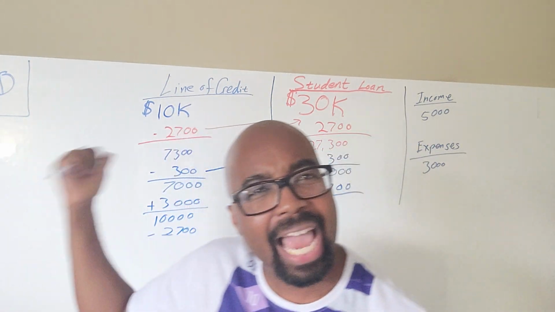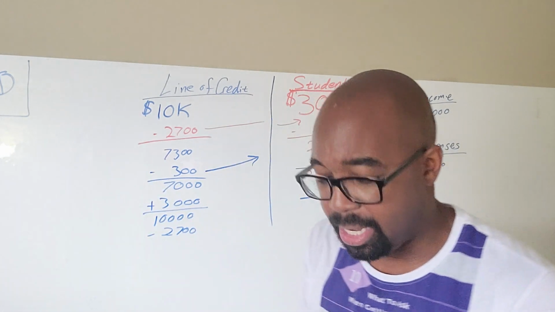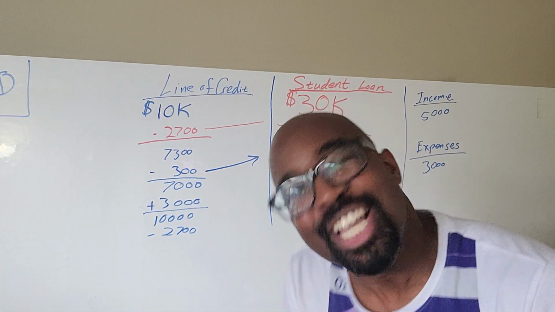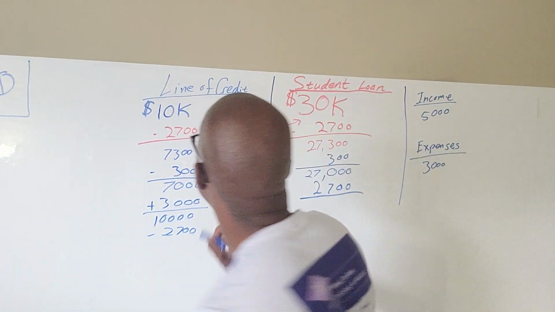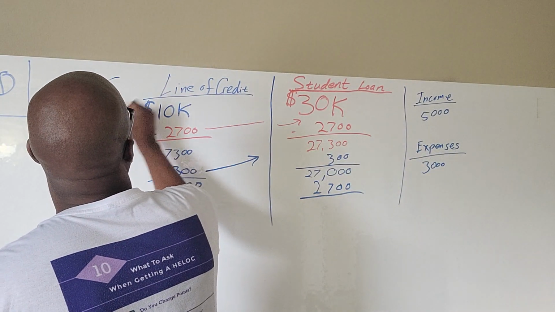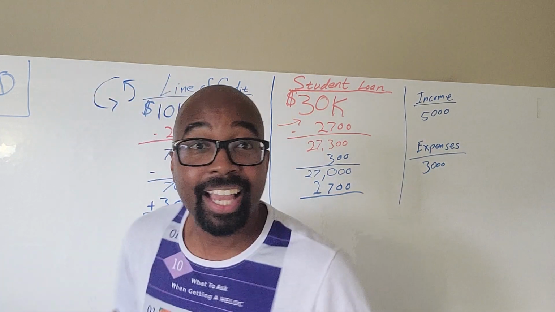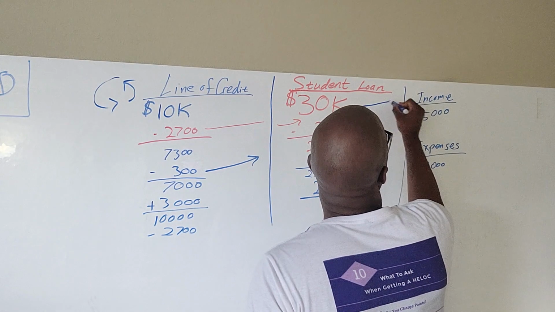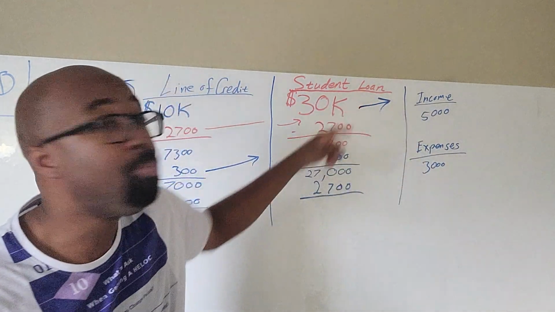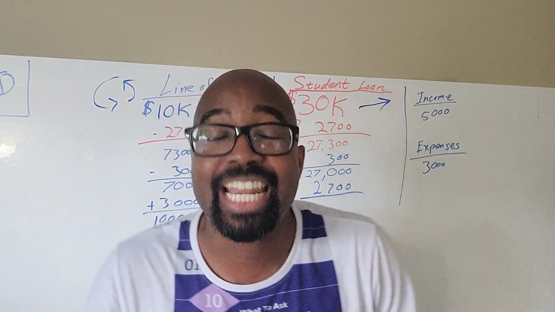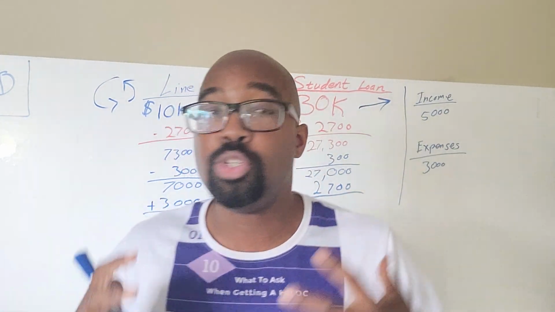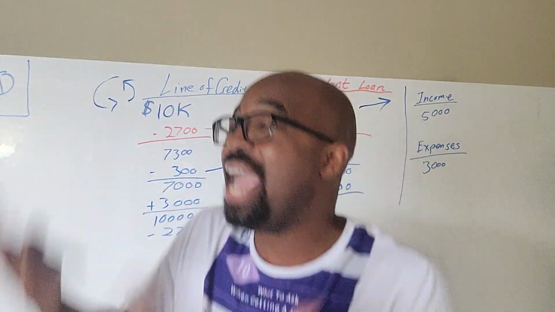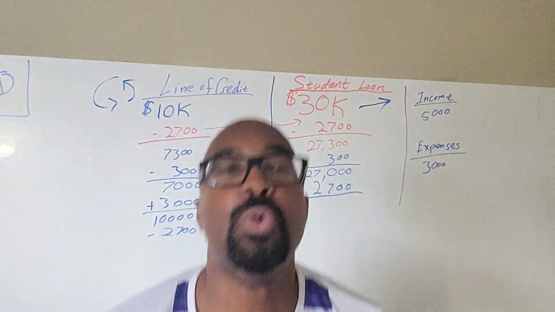Because you see, the bottom line is, when you have a line of credit, can you use that money again? You sure can. You see, lines of credit go like this. While loans go like this. What's that arrow pointing to? The arrow is pointing to Daddy Warbucks. The arrow is pointing to JP Morgan. The arrow is pointing to the bank. It's pointing to someone other than you.